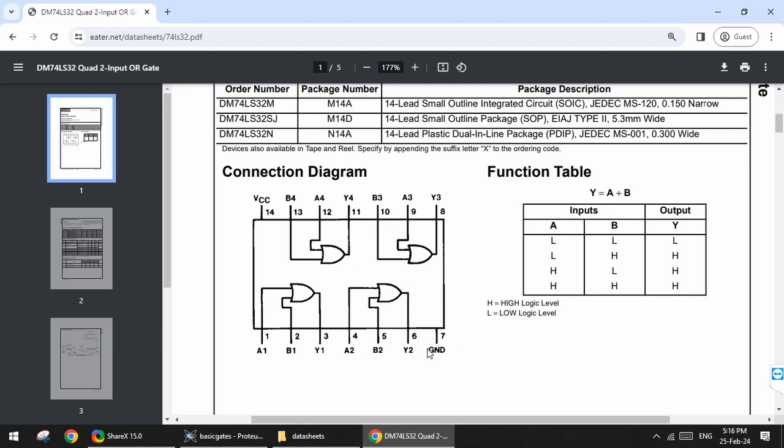Pin 7 is for ground and pin 14 is for VCC. VCC is usually the operating voltage of ICs, and for the TTL family, this is standard at 5 volts. It can go to 5.5 or 4.7, 4.8. This information is also available in the datasheet.